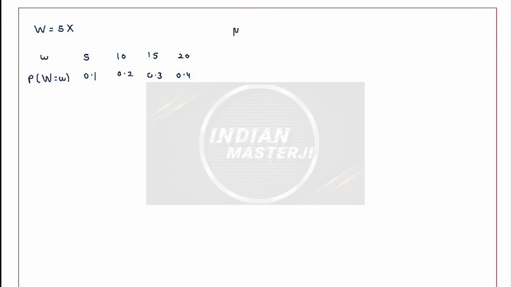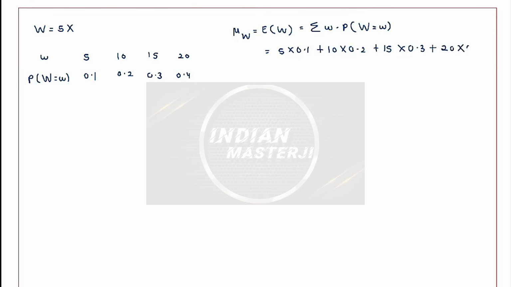Now if I have to find out mu of w, or the expectance of w, what will it be? It will be the summation of w into the probability of the random variable w taking the small value w, correct? So this will be equal to 5 into 0.1 plus 10 into 0.2 plus 15 into 0.3 plus 20 into 0.4, correct? If I solve this, I get 15.